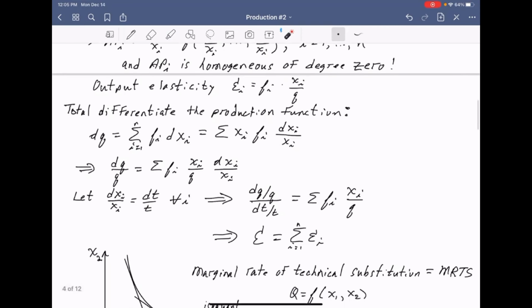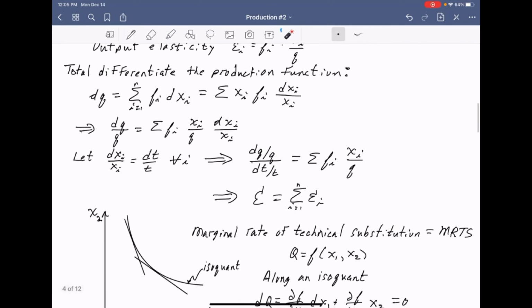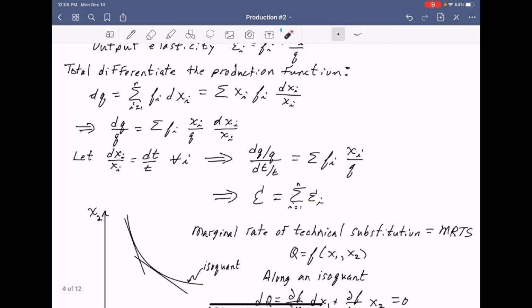And if we divide that by Q, we get the sum of the marginal products of I times the inverse average products of I multiplied by the derivative of xi, or the total derivative dxi over xi. We let the latter derivative of xi over xi equal to dt over t without loss of generality.